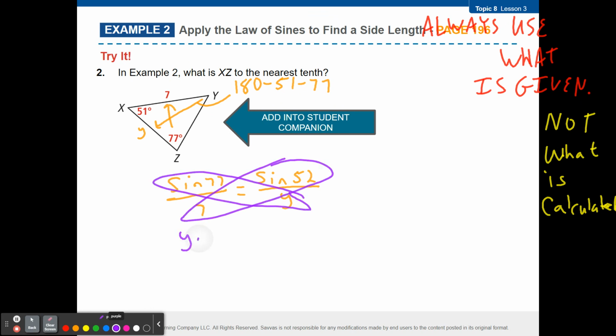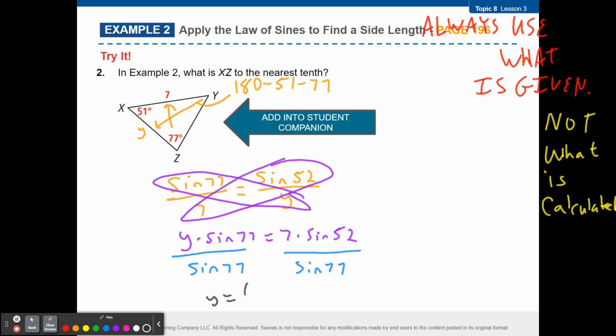This leaves me with y times the sine of 77 degrees equals 7 times the sine of 52 degrees. I will divide both sides by the sine of 77. And this now leaves me with y equals 7 times the sine of 52 degrees all over the sine of 77, which is about 5.7 from your calculator. Does that help? Are there any questions?